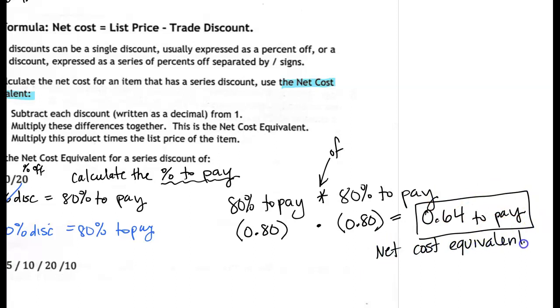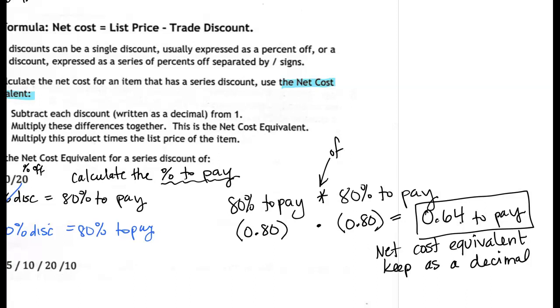And they do want you to keep it as a decimal. However, you can think of this as 64% of the original price. And that's really what the net cost equivalent is telling you. What is the percentage you would pay? And then it's the decimal equivalent of that.